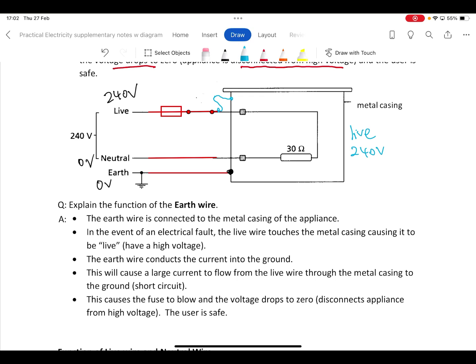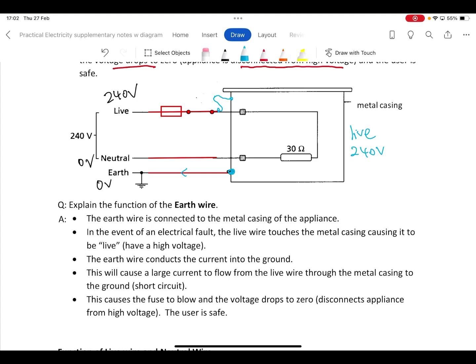When the live wire touches the metal casing, the casing is now live, and it's dangerous. That means if you touch the metal casing, you get an electric shock. But the earth wire, which is connected to the metal casing, provides a path of 0 or close to 0 ohms, so it's a low resistance path.